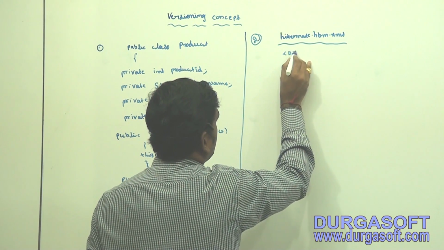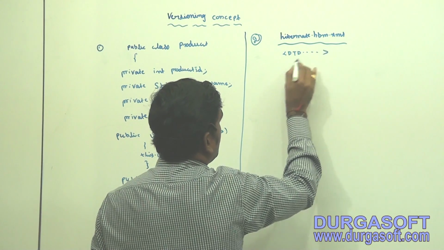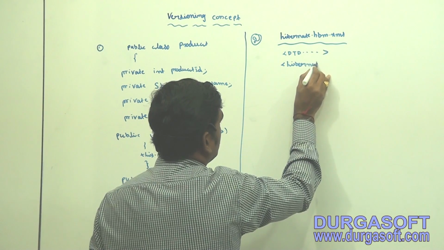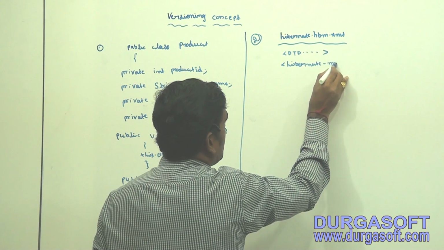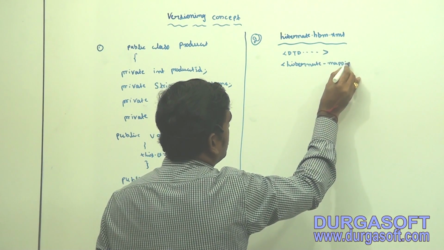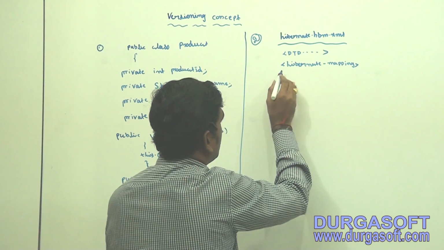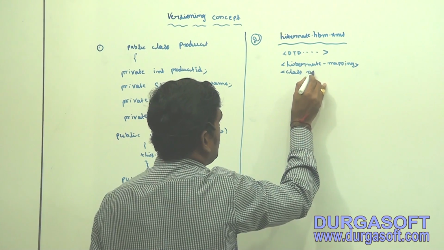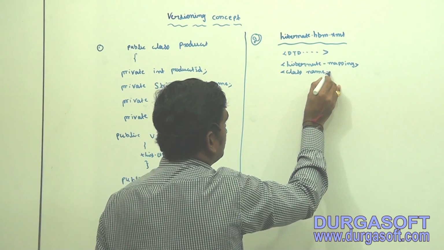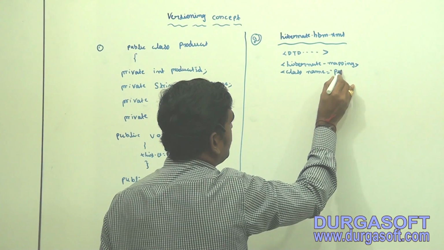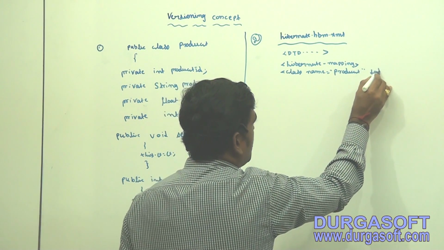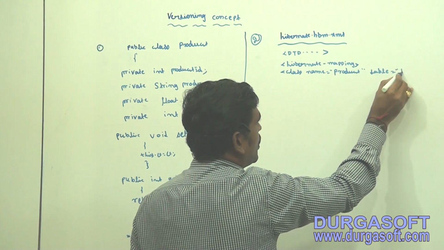First of all, we have to take the DTD. Then next, hibernate-mapping. The next, class name is equal to the class name Product. Then table is equal to products.